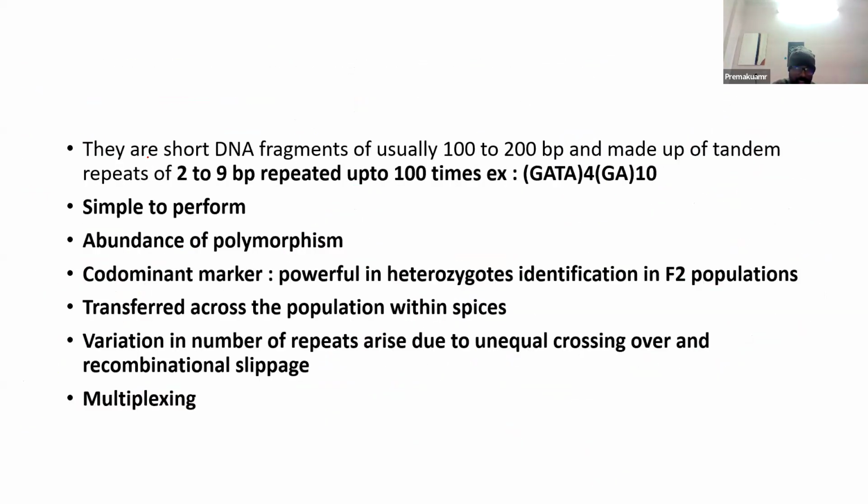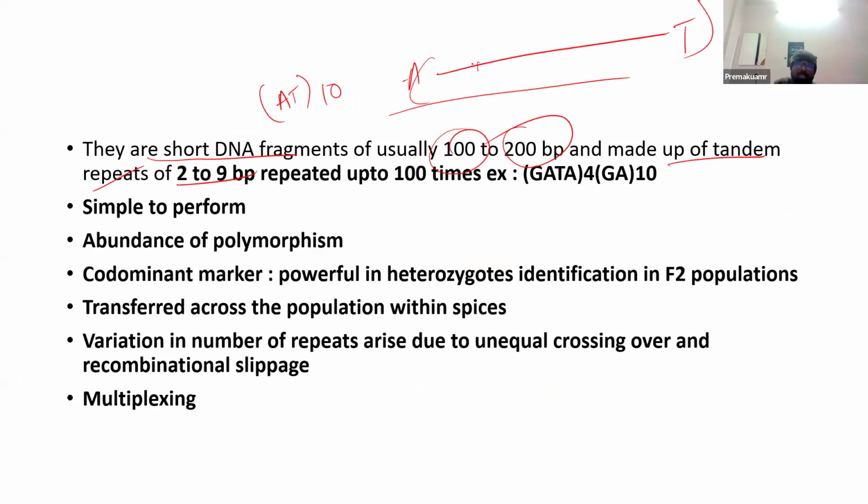These are short DNA fragments, usually 100 to 200 base pairs, so the length is very short, and they are made up of tandem repeats of 2 to 9 nucleotides. Either AT is repeated 10 times, or ATGC repeated 10 times. Anything may happen. They are short tandem repeats.